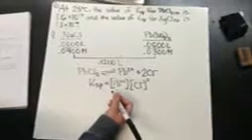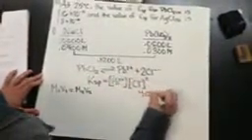And then from there, you have to do the dilution problem for each compound. So you plug in the original information they gave you. You're looking for M2, and the new volume is the 0.1200 liters.